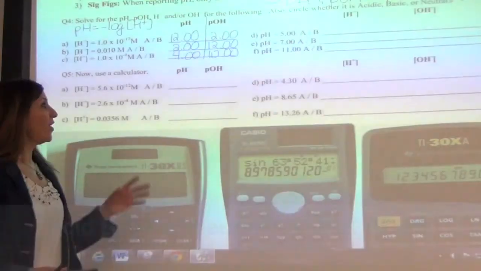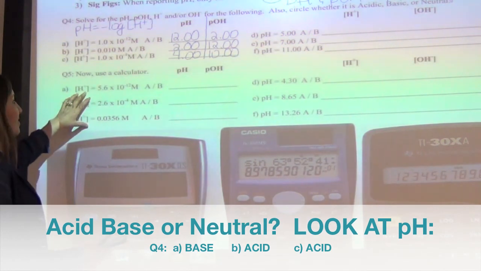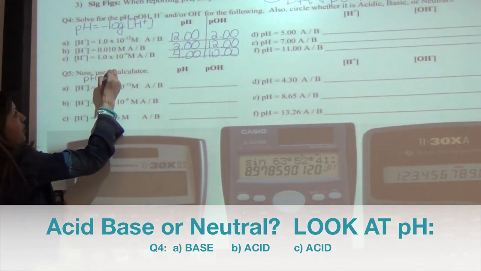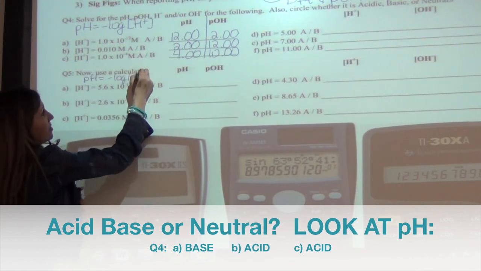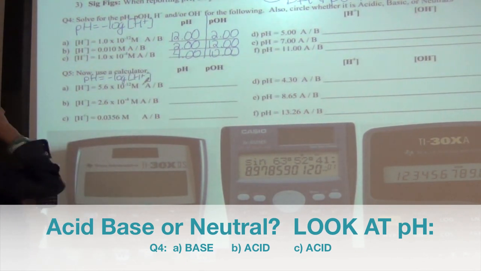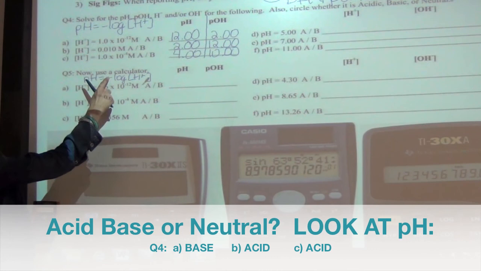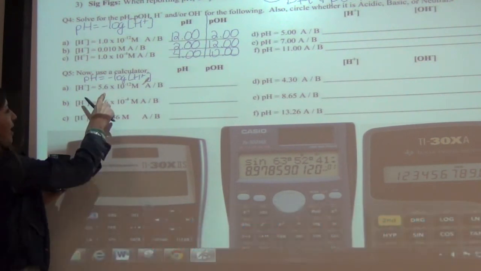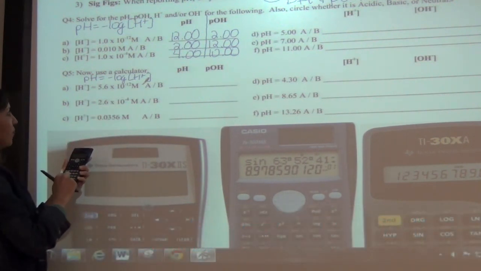And so when you subtract from 14, what do you get here? 10. Okay, so now we're going to continue with these problems down here, which are the same exact thing as this. We're still going to use this pH equals negative log of H plus equation in this case here. So I'm just going to hit the negative button on my calculator again. And then I'm going to type log, and then I'm going to do this 5.6 times 10 to the negative 12.